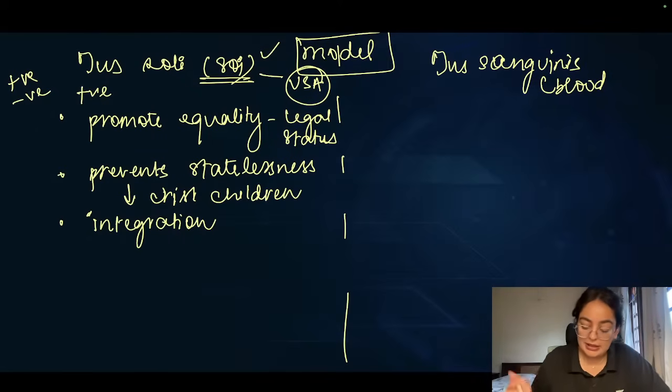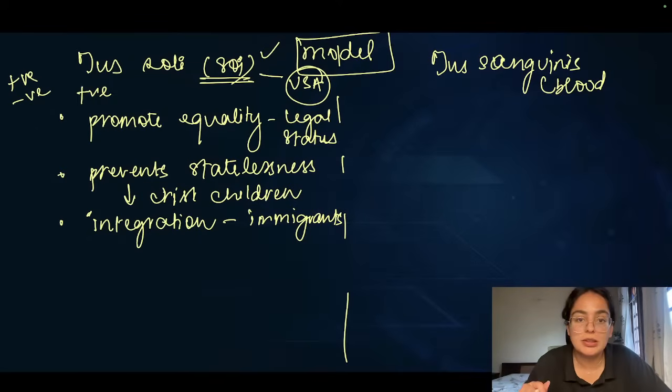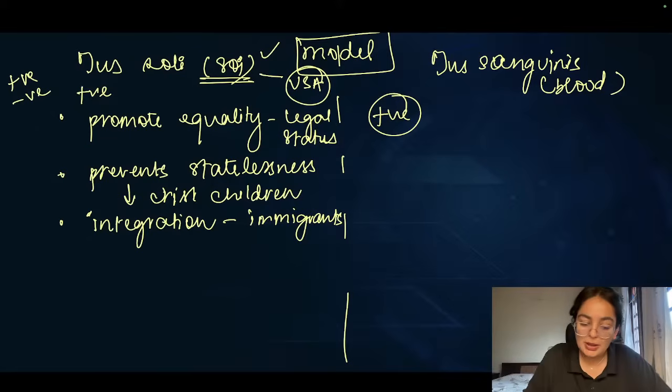So it promotes integration because it allows the children of immigrants to also become US citizens. These are certain positives associated with it. Let's also look at certain positives associated with blood or by descent, citizenship based on descent.